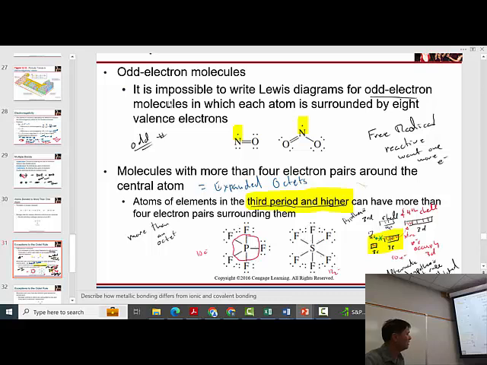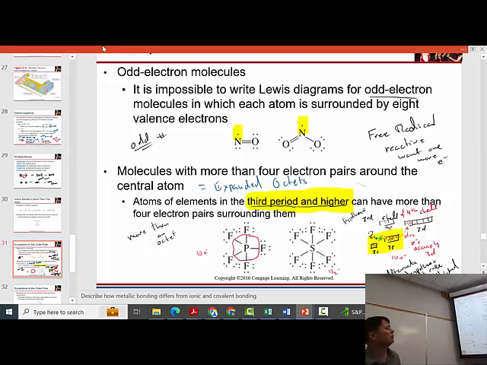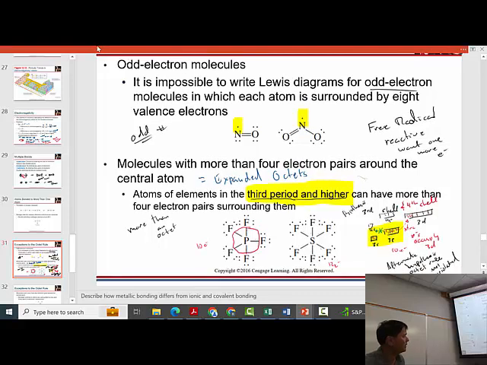PF5, SF6. Phosphorus pentafluoride and sulfur hexafluoride are 2 examples of expanded octets. Or so goes the one hypothesis.